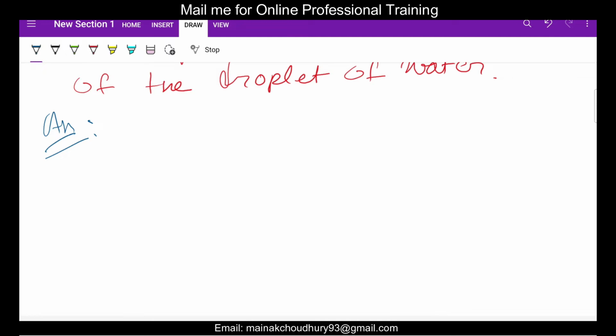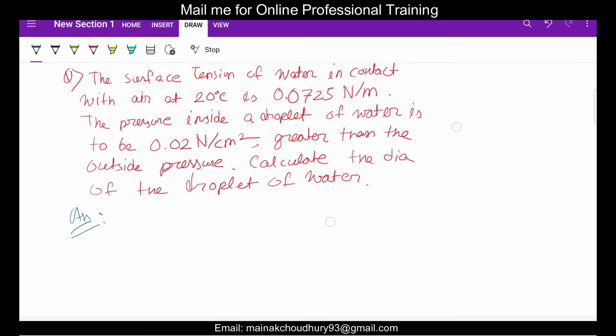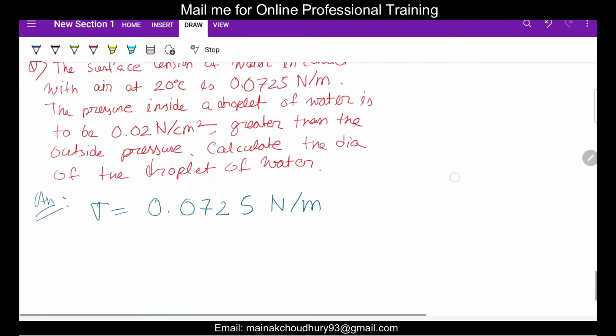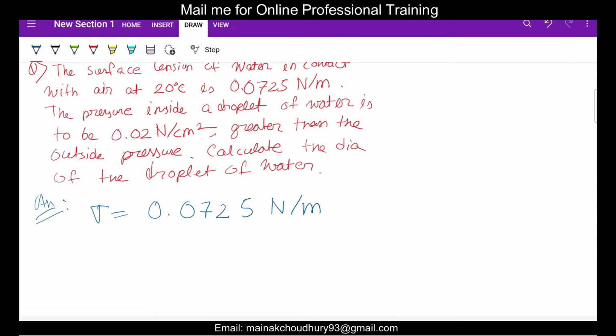Okay, so first of all we need to know what are the things which are given in this question. So surface tension is given. So surface tension sigma is equal to 0.0725 Newton per meter. The surface tension at 20 degrees Celsius is a normal temperature, nothing to do here, and the pressure inside the droplet is 0.02 Newton per centimeter square. So pressure is given, so you need to convert it into SI unit.